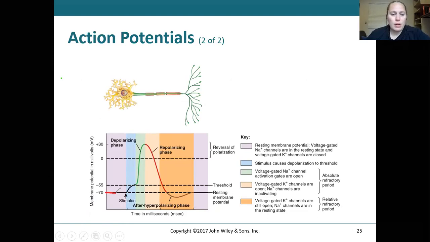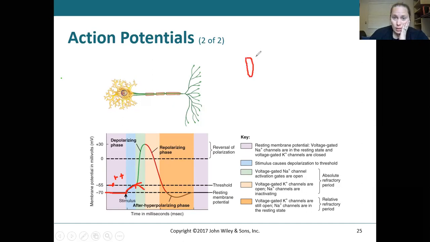Okay, so how do action potentials actually happen? You're hanging around at minus 70, you have a stimulus. That stimulus causes an influx of ions. So that stimulus is causing positive ions to come into the cell, and those positive ions hit the threshold. Why the threshold is important is because at that point, you have ion channels that are voltage gated.